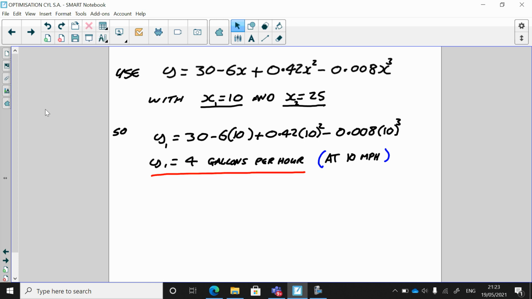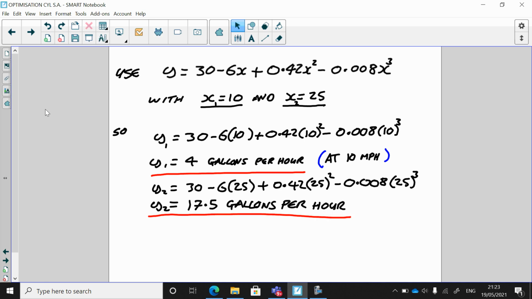Next, put in 25 in the original function, and that will give us the second value of y, y2. So that gives you exactly 17.5, and we need to specify here at 25 miles an hour. And that's us all done.